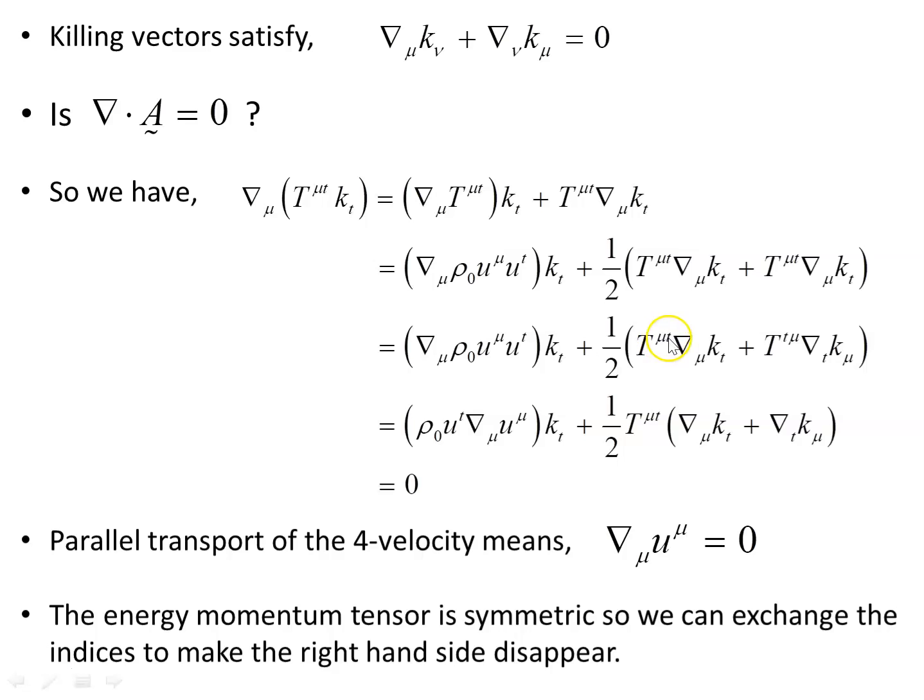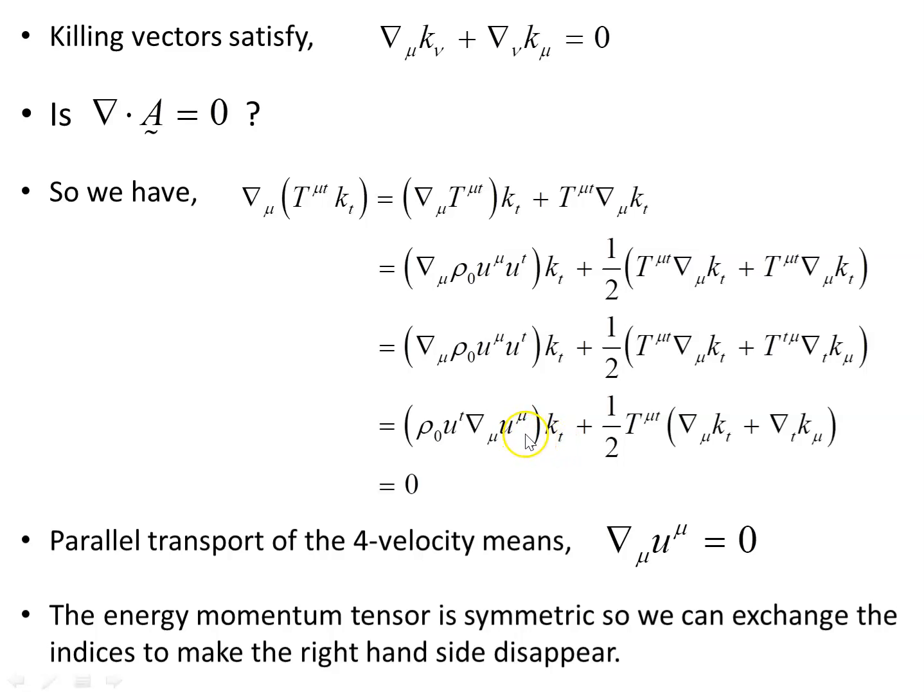So keep the first term here the same as the one above, but here I'm just going to swap the indices. t and mu swap places, mu and t swap places, same down here. Symmetric tensor, the energy momentum tensor. And then I come down here, what I'm going to do is just take out these constants, rho 0 and u^t are constants out here. Remember, u^t is just c times gamma, constant out here, times the outside here is the Killing vector again.